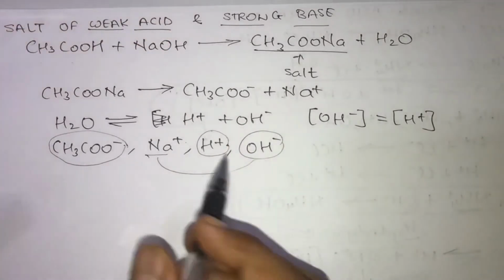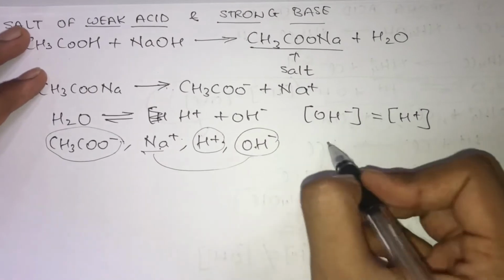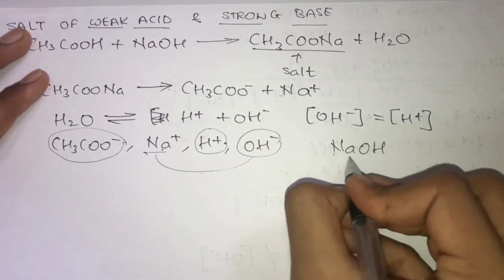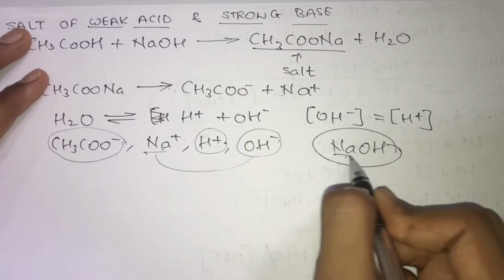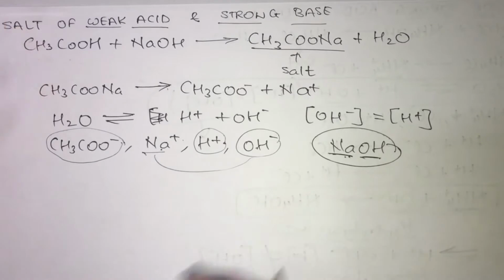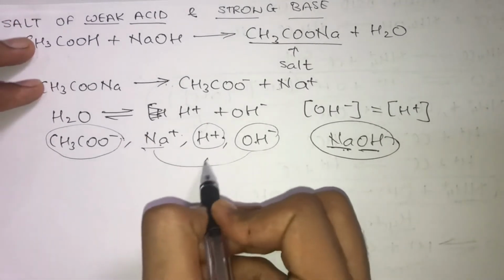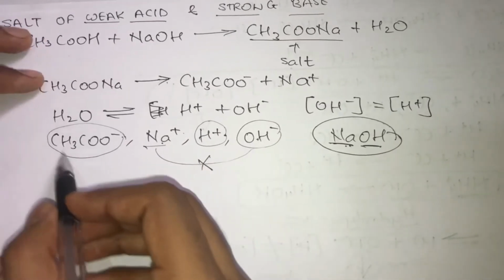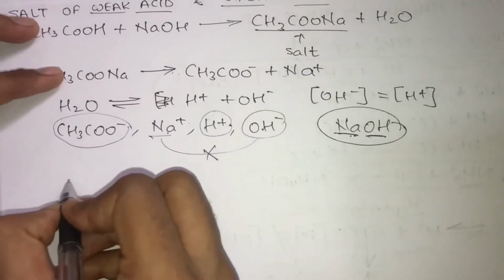But guys, even if this Na plus and OH minus react with each other, they are going to form NaOH, and NaOH is a strong electrolyte, and since it is a strong electrolyte, it will again dissociate into Na plus and OH minus. So again we are getting the same thing, Na plus and OH minus. So this combination is not possible. So the only combination that is remaining is CH3COO minus reacting with H plus.